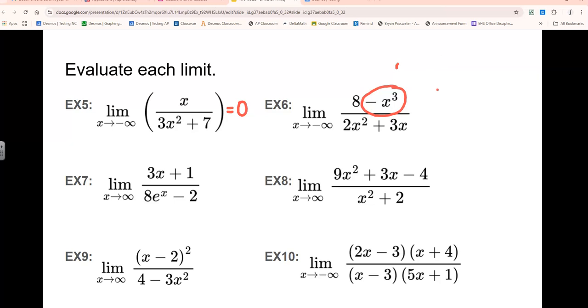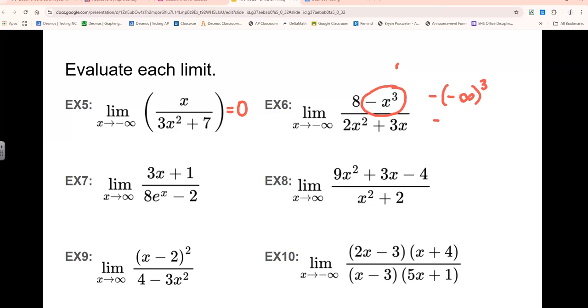So if you think about negative infinity to the third, when I raise negative infinity to the third power, is it positive or negative? It is still negative, because three negatives multiplied will still be negative.